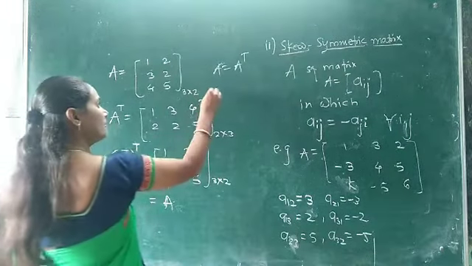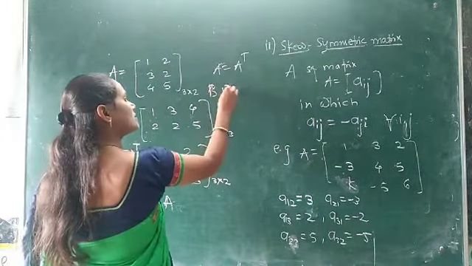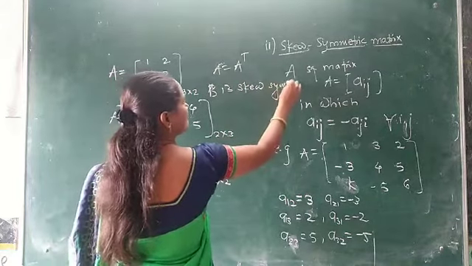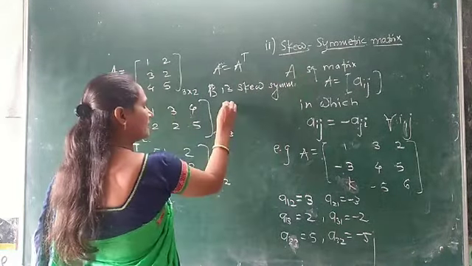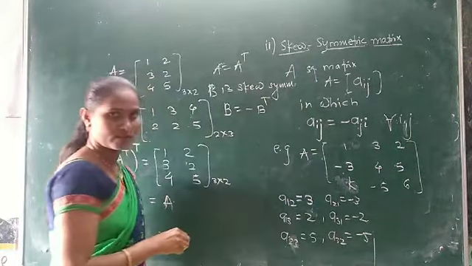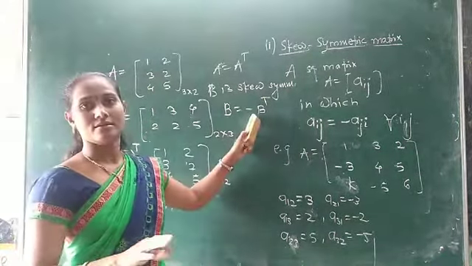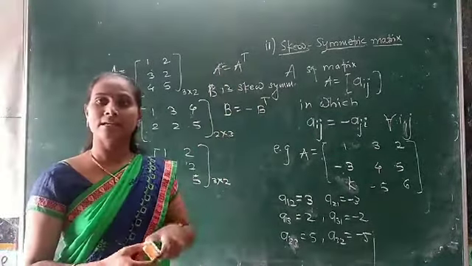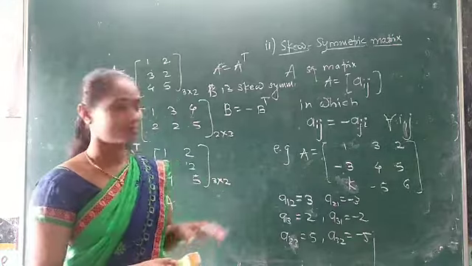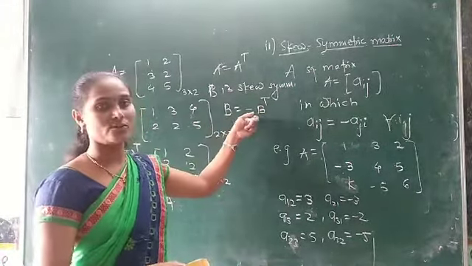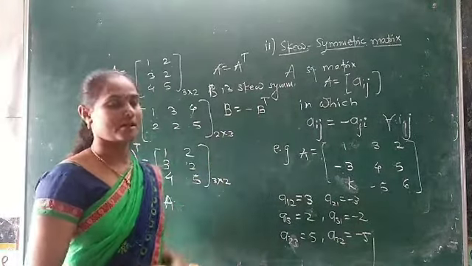Next, if B is skew symmetric, then B is equal to minus B transpose. There is a change only in sign, not in the matrix. If A is symmetric, then A is equal to A transpose. But if B is skew symmetric, then B is equal to minus B transpose.